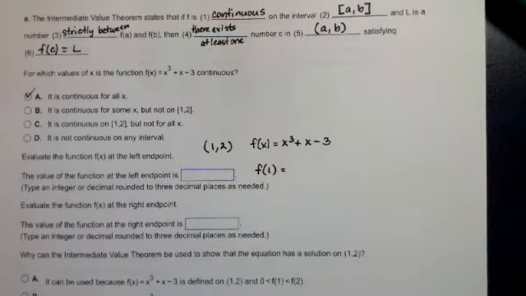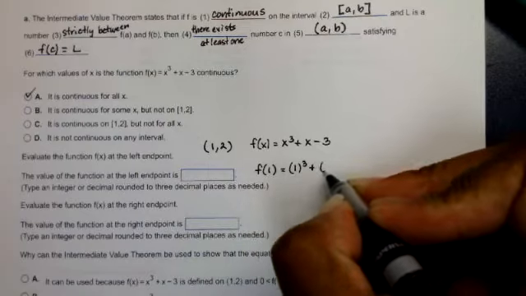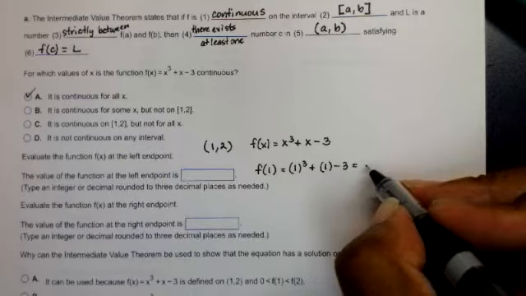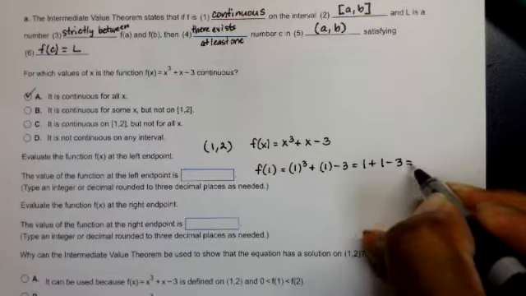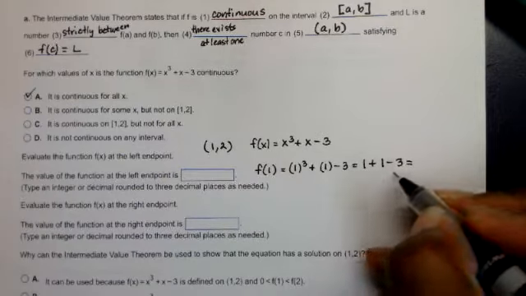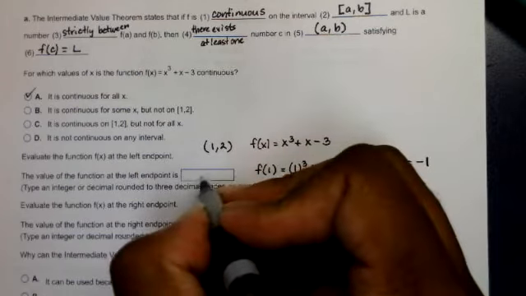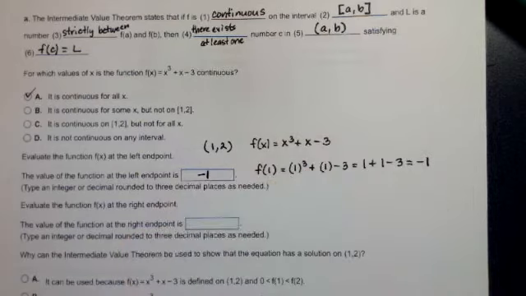So for f of 1, I just substitute each x with 1, so it'll be 1 cubed plus 1 minus 3. 1 cubed is 1, plus 1 is 2, 2 minus 3 ends up being negative 1. So the value of the function at the left endpoint would be negative 1.